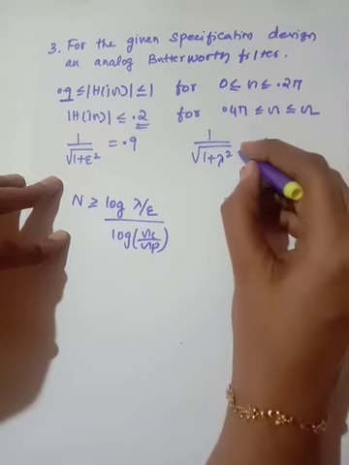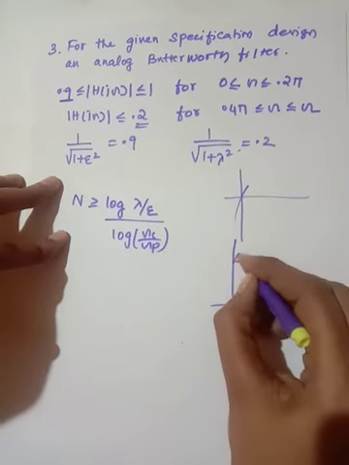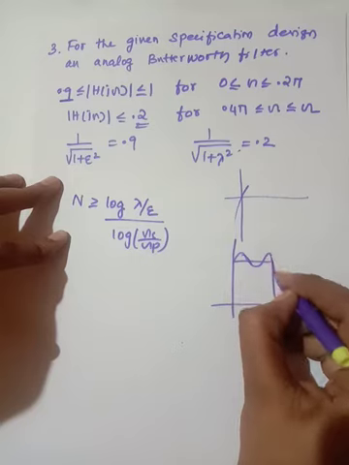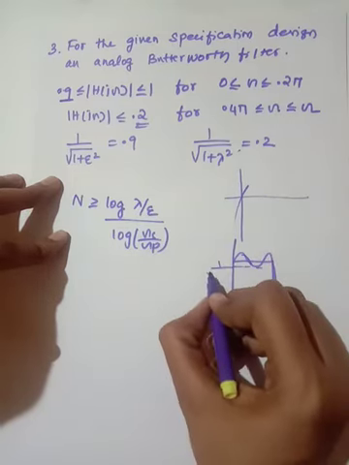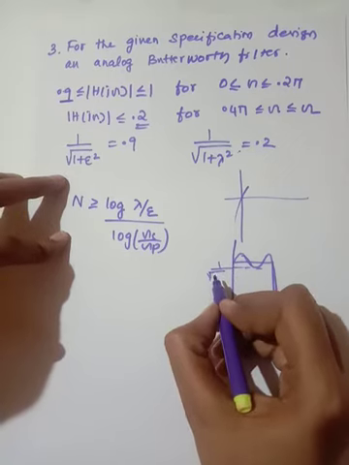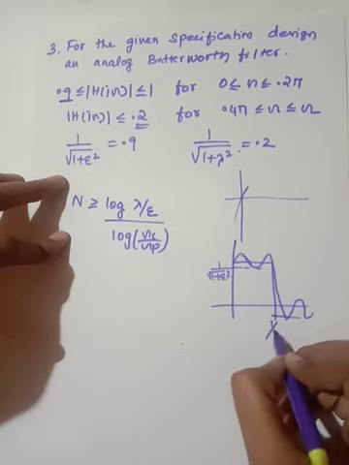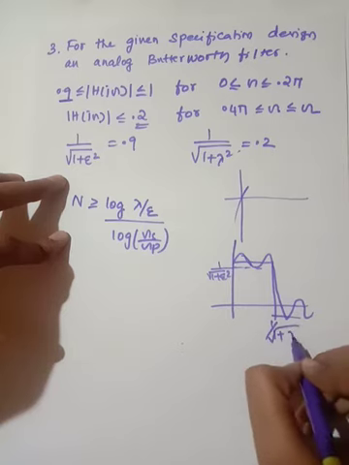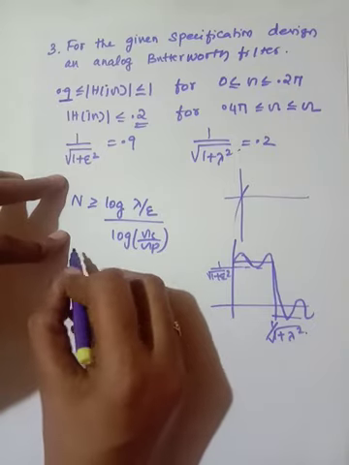Here this is the ideal characteristic, so you will have some ripples like this. This is the minimum ripple value related to the pass band, 1 by square root of 1 plus epsilon square, and this is related to 1 by square root of 1 plus lambda square. This is the minimum ripple value we are going to consider.